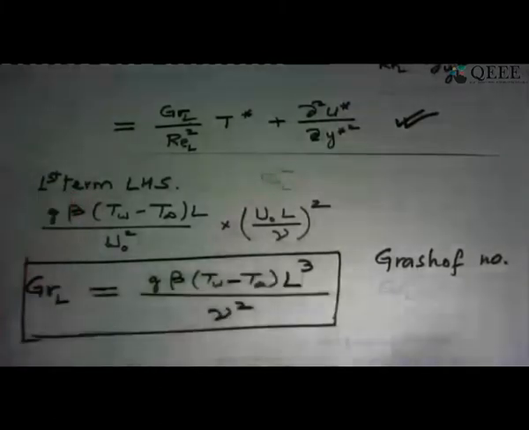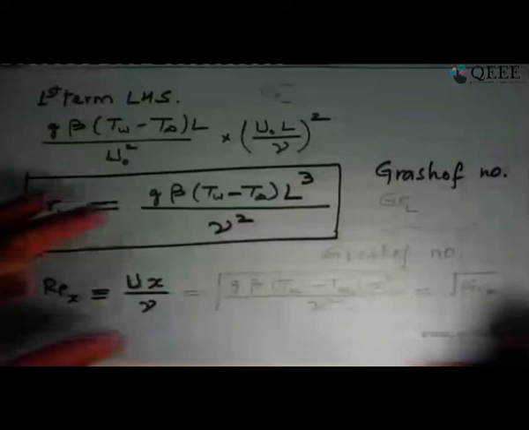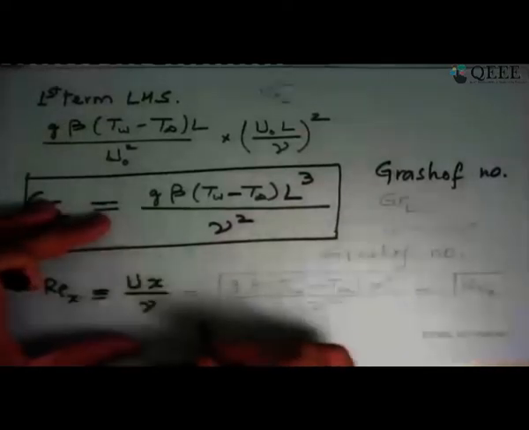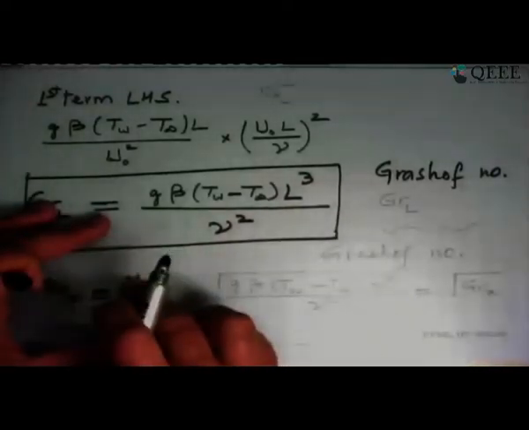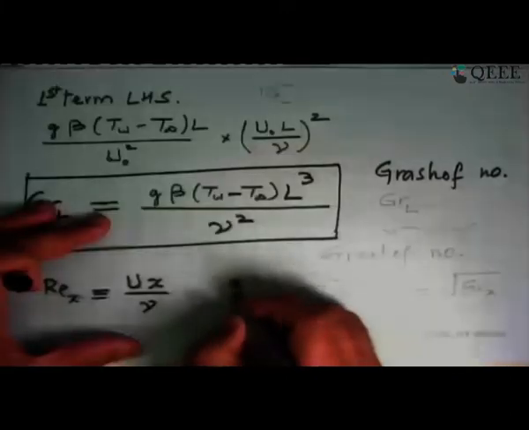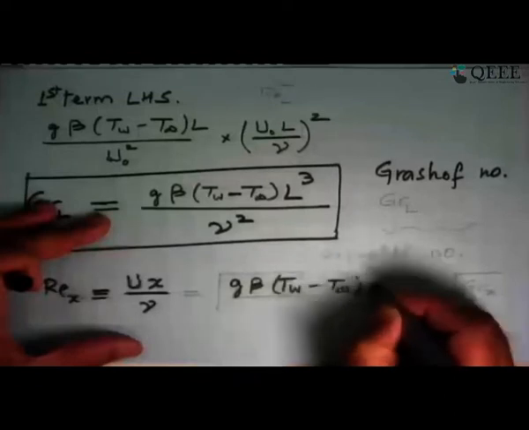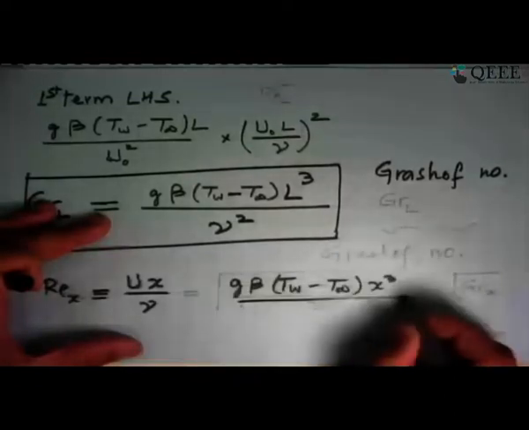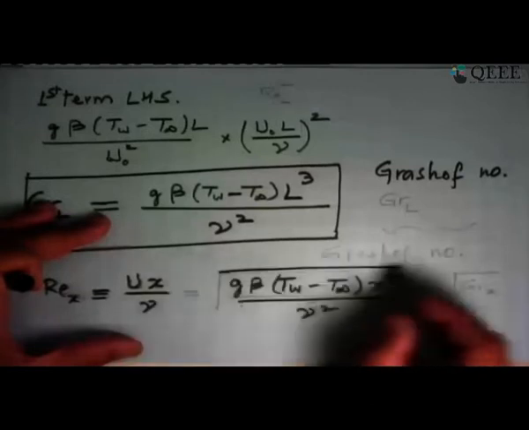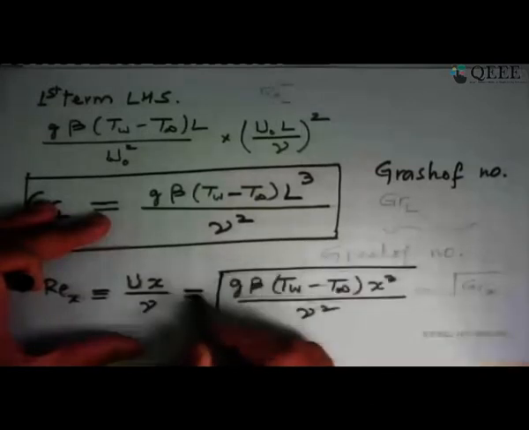So this is what is the Grashof number, and if you see what we have done is that if we take Reynolds number at any location on this plate, this will be u at that point x upon nu. That's the definition of Reynolds number. And if we now start putting different things, the definition of u that we had earlier, Tw minus T infinity, x cube upon nu square, and the whole thing is under the square root.